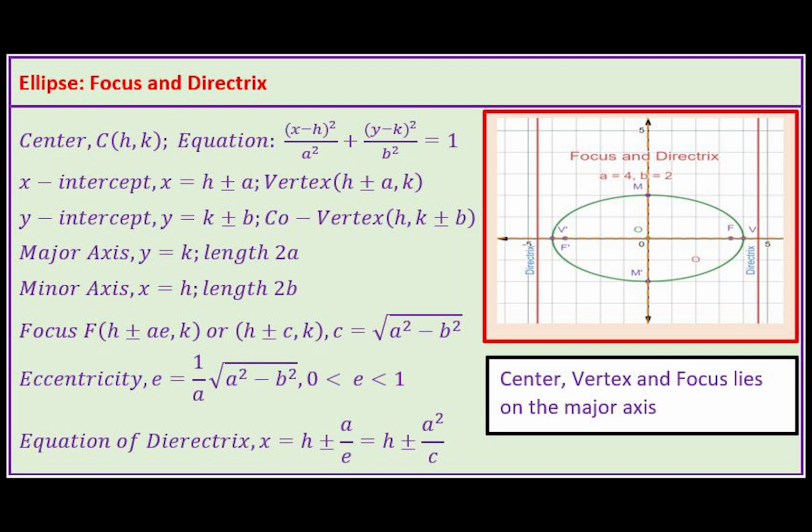For an ellipse, the value of e is between 0 and 1. Equation for the directrix will be x equals h plus minus a over e, and it can also be figured out as h plus minus a square divided by c. I hope you find these formulas useful in calculating the values.